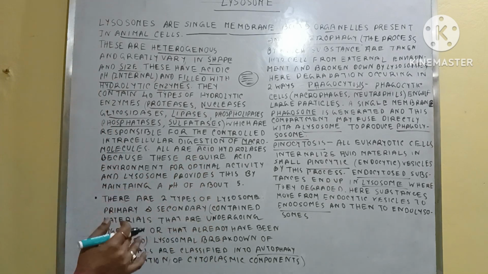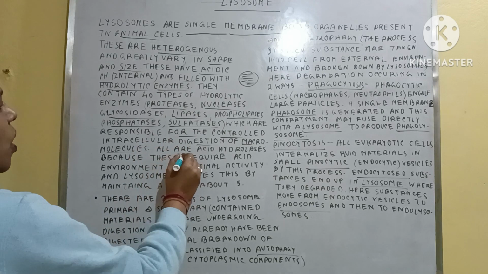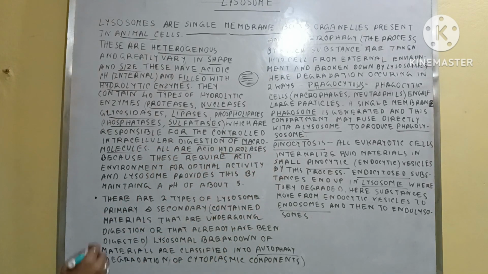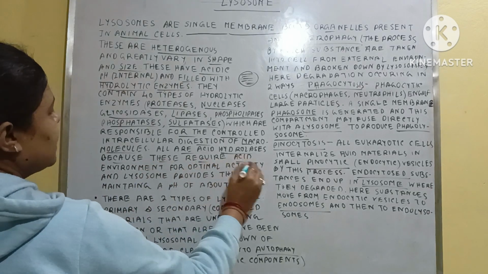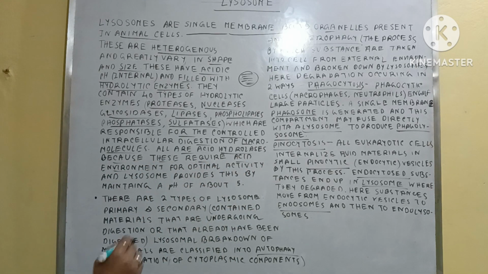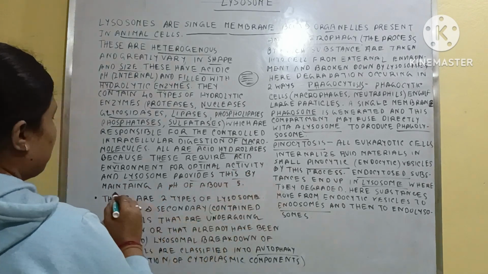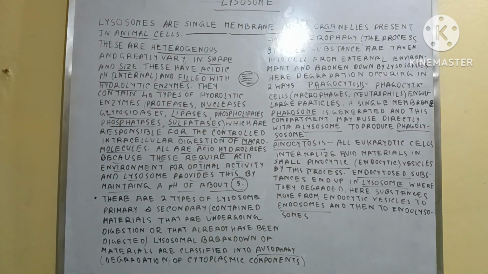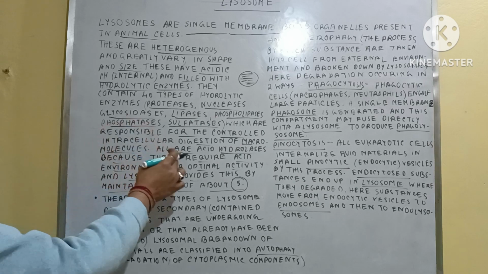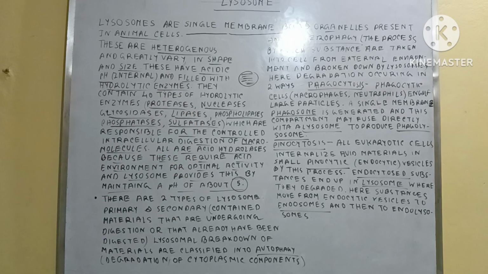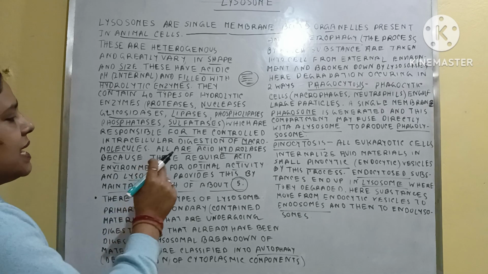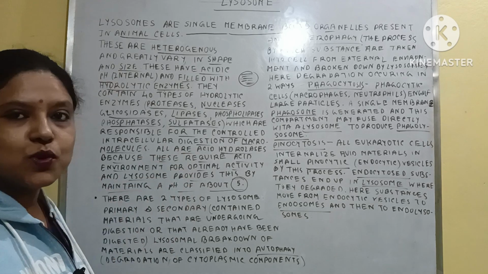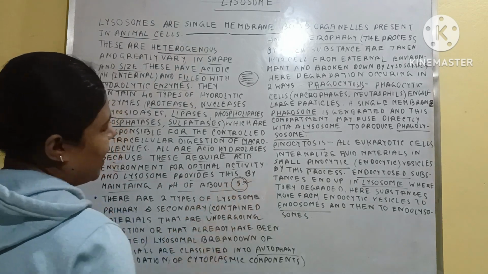All are acid hydrolases because these require an acid environment for optimal activity, and the lysosome provides this by maintaining a pH of about 5. So, just before this, I said there are enzymes that act only in an acidic environment. That's why the internal environment of the lysosome maintains a pH of about 5.